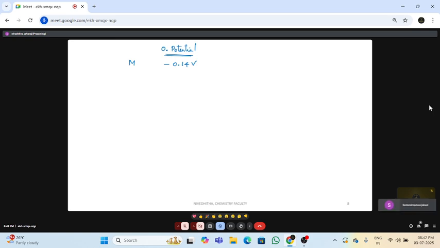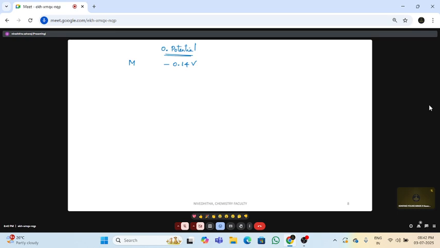Some metals may have negative potential, some metals may have positive potential. From the sign of this potential, you cannot find whether it is an oxidation or reduction potential. Here I've given a hypothetical metal called M, and this metal M got an oxidation potential of minus 0.14 volt.